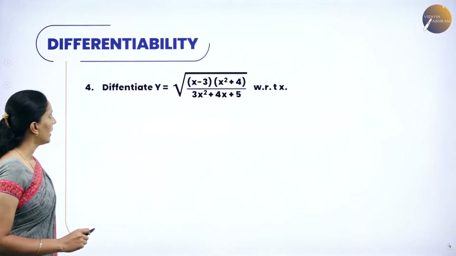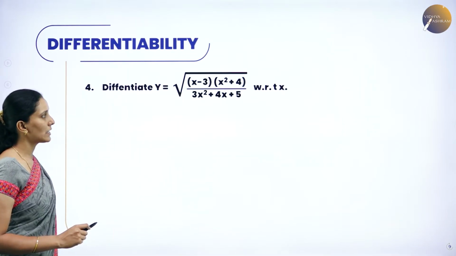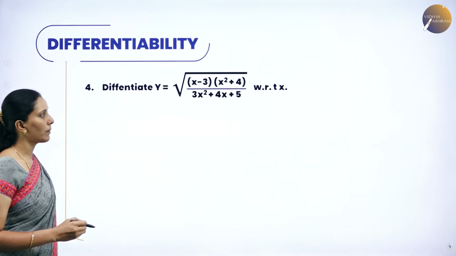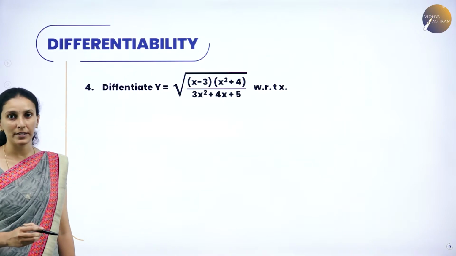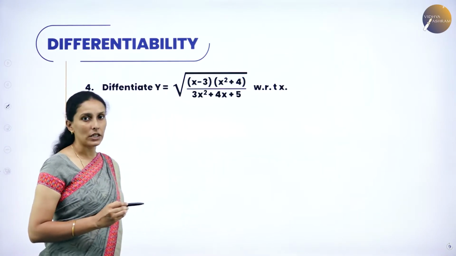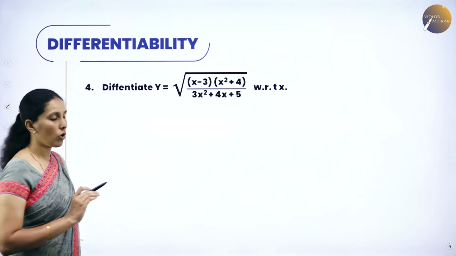Next question, differentiate y is equal to square root of (x minus 3)(x square plus 4) divided by (3x square plus 4x plus 5) with respect to x. So clearly we have y in the form of surds, that is, under the square root. To remove the square root, I will apply log on both sides.